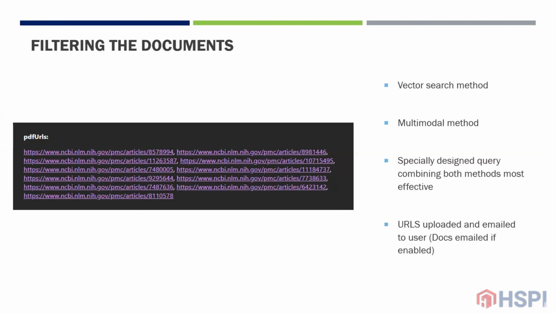And then we have the multimodal method, which is all image based. That makes it better at interpreting charts and figures to determine, say, whether there is a certain type of graph or a dot plot in this document. However, it would be super expensive and time consuming to send the entire document to the multimodal LLM, because it would require us to convert the PDF to images, and some of the documents are well over 100 pages.